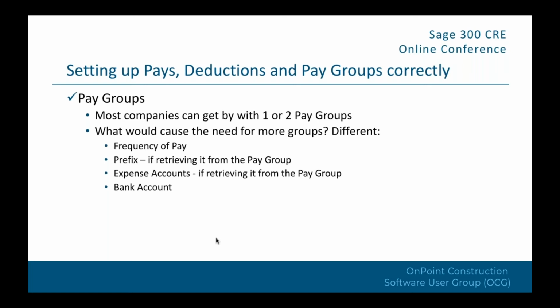If you're retrieving prefixes and you're getting the prefix from that pay group, or, as we were talking about with setting up the pay, if it's retrieving expense accounts from the pay group, and they're going to be different expense accounts, then you want to set up different pay groups.